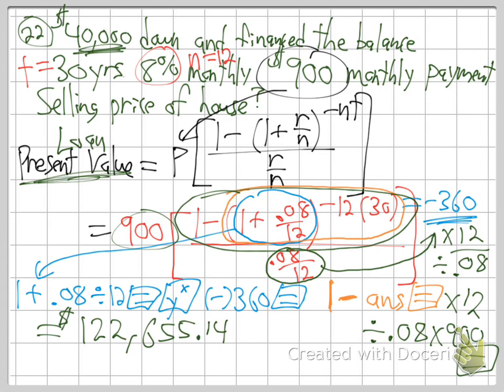Well, in addition, they put $40,000 of their own dollars, and then the loan that the bank gave them paid the rest of the house price. So the selling price of the house, you have to add back the $40,000. That is exactly right. You just add the $40,000. And so, yeah, it just ups it to 162,655.14.